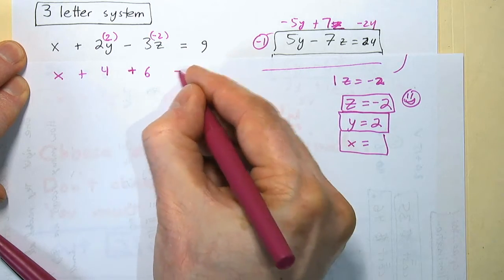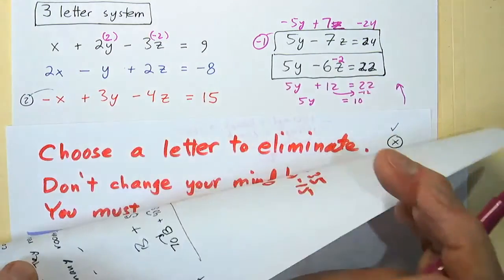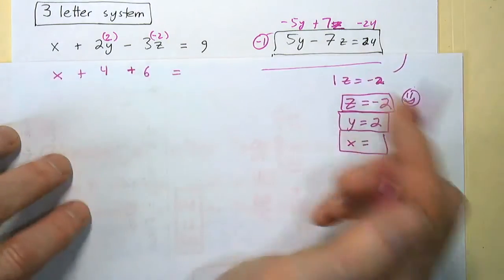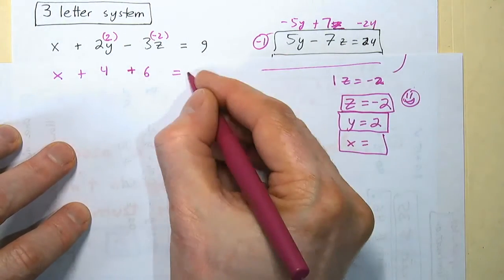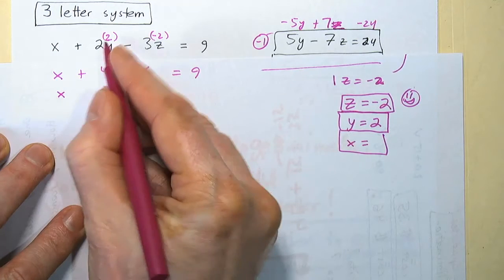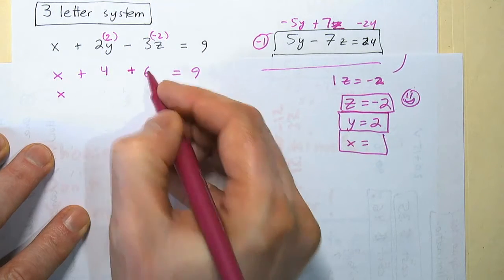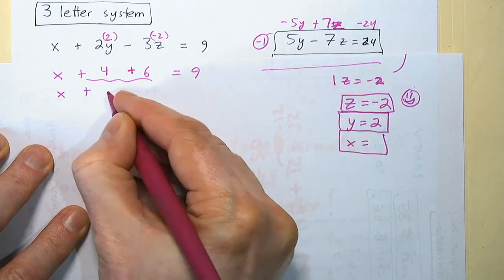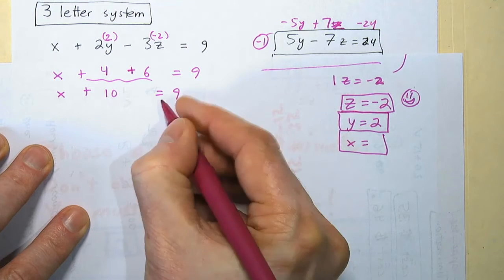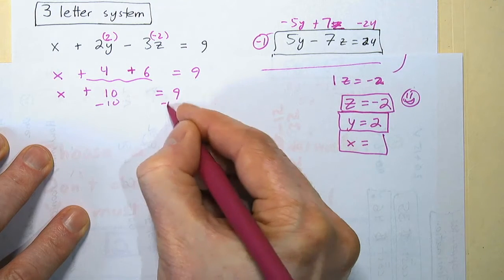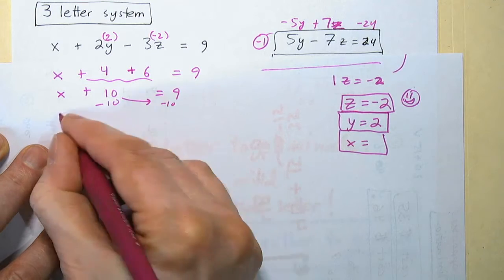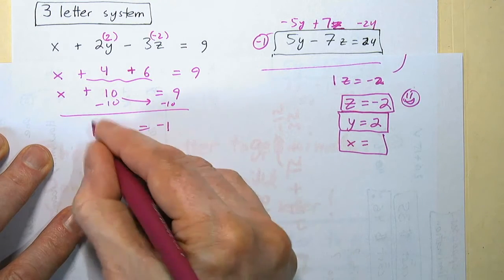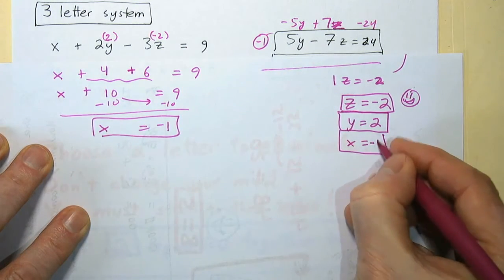Always double check anything. One lost negative in all this work and the whole thing doesn't work. You end up with a fraction or something. Okay, 2 times 2, checking again, negative times negative. x plus 10 is 9. Let's subtract 10, move that over. x is negative 1. Woohoo!